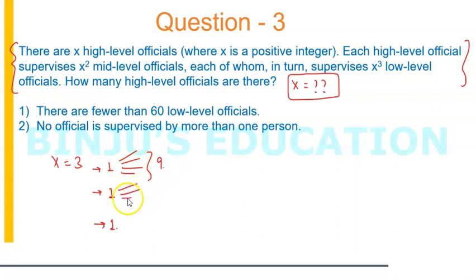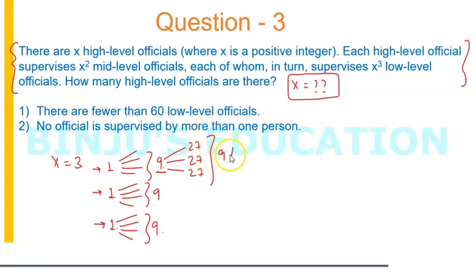Similarly for the others. Each of whom in turn will supervise X cube, which is 27 officials. So each of these 9 people will have 27, 27, 27 and so on, 9 times. Again the same for the third one. This is basically what it means.